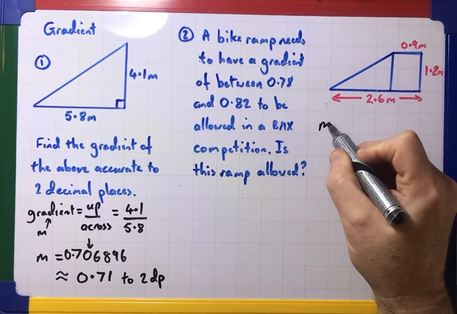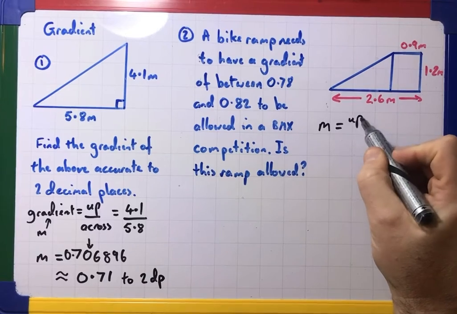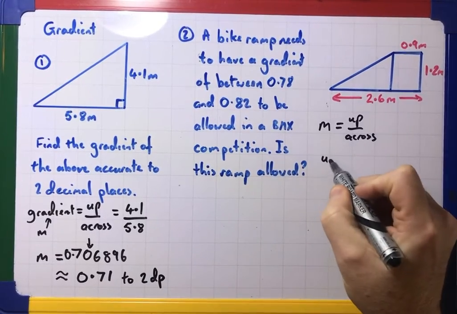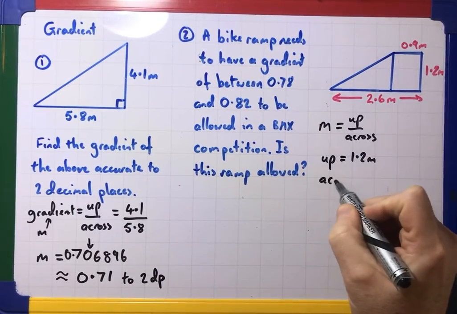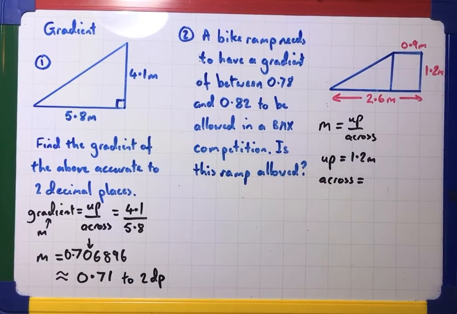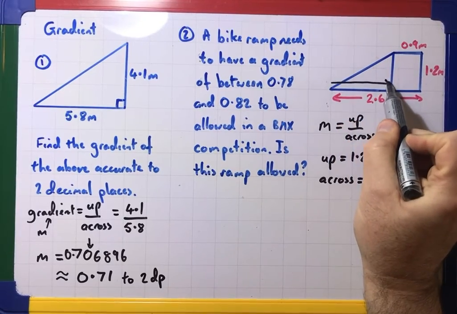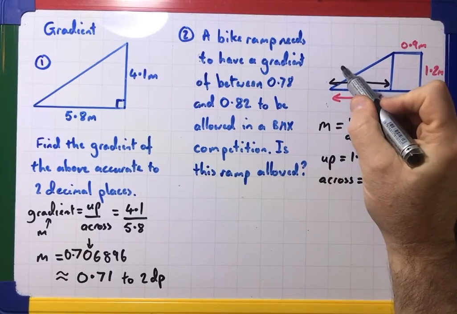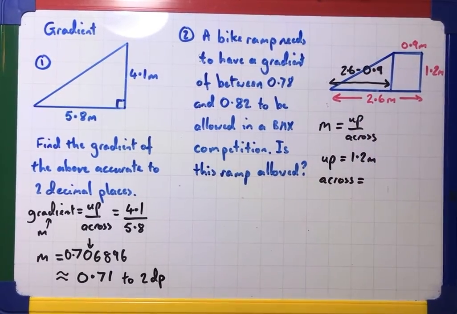So, remember what we said? The gradient, I'm going to use M, the letter we use for gradient, is up divided by across. Up's no problem here, that's 1.2 meters. But across, be careful. You might look at it and say that's going to be 2.6 meters, but it's not, because I only want that bit for across, which is 2.6 take away 0.9.